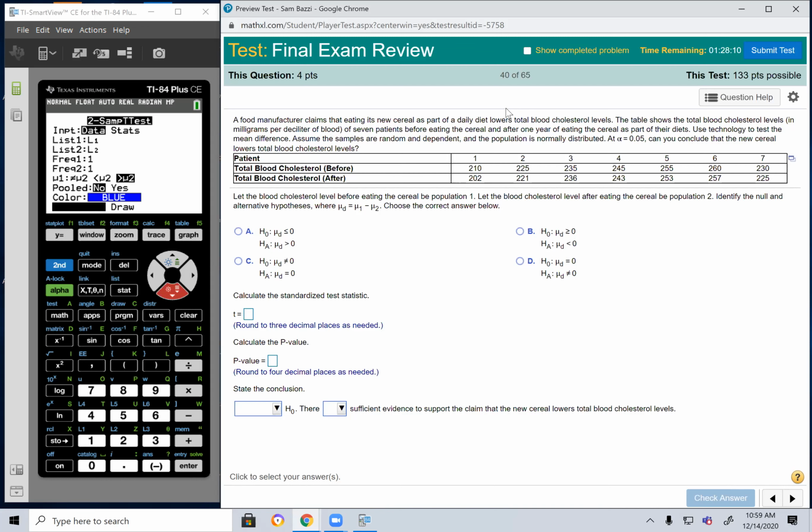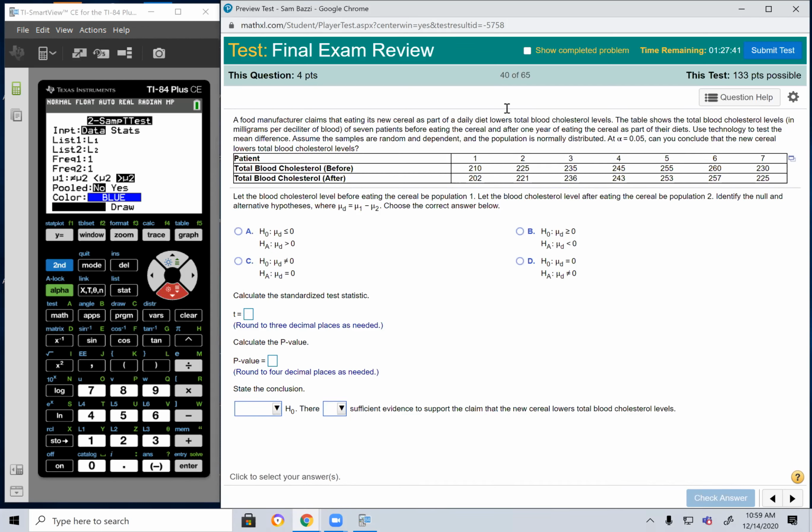The table shows the total blood cholesterol level in milligrams per deciliter of blood of 7 patients before eating the cereal and after 1 year of eating the cereal as part of their diets. Use technology to test the mean difference. Assume that the samples are random and dependent and the population is normally distributed. At alpha equal 5%, can you conclude that the new cereal lowers total blood cholesterol levels?